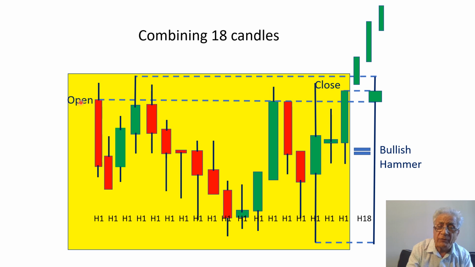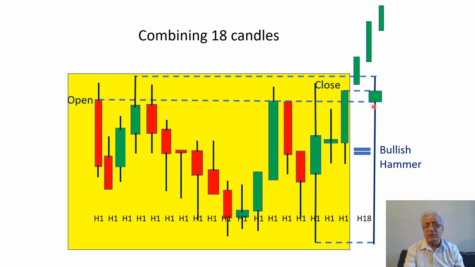We take the open of the first candle, we take the close of the last candle. This is the last candle. We take the close of the last candle, and this bullish portion is going to be the size of the body of the resultant. And then we take the high and a low of the pattern.